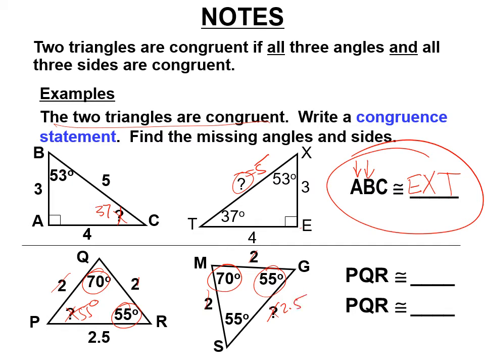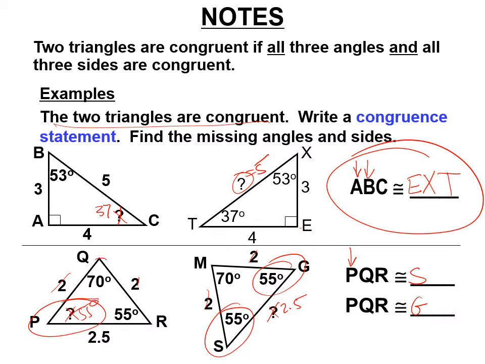All right. But what we don't know here, we don't know if I took the first triangle, PQR, and flipped it to make the other triangle, or spun it, rotated it. We don't know because of the two 55 degrees. So there are two right answers here. So let's see this. So what matches P? Well, P matches S, but it also matches G, right?